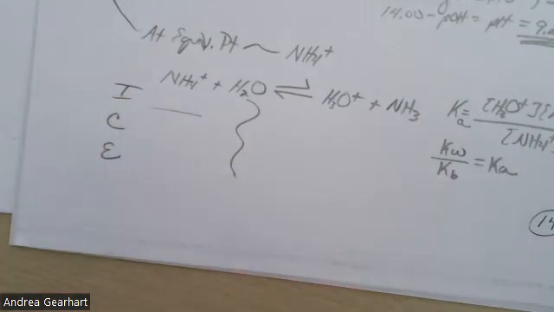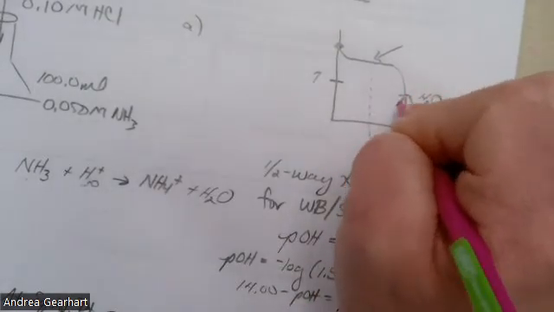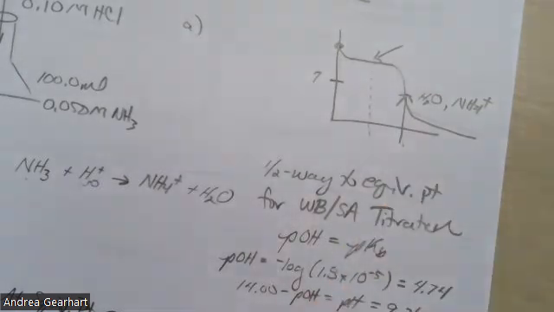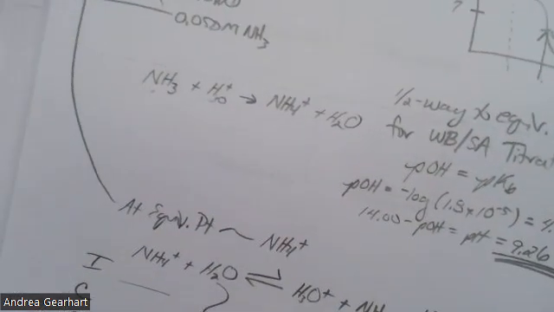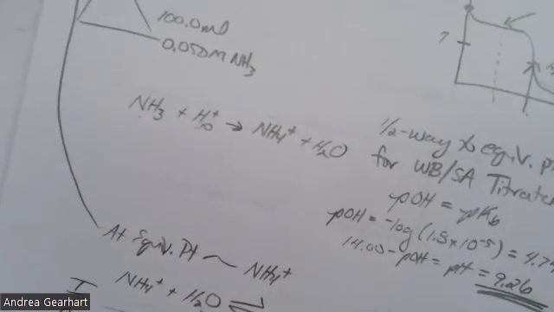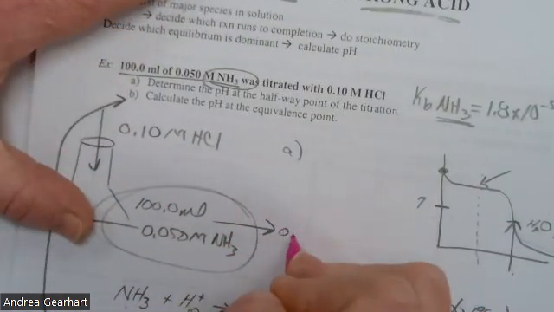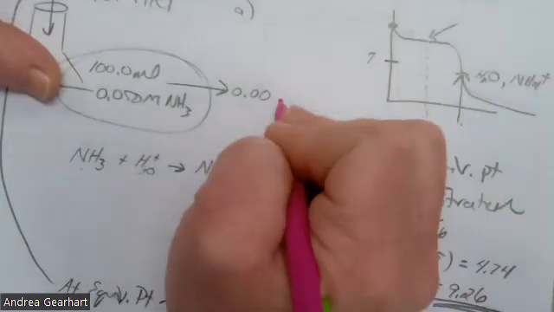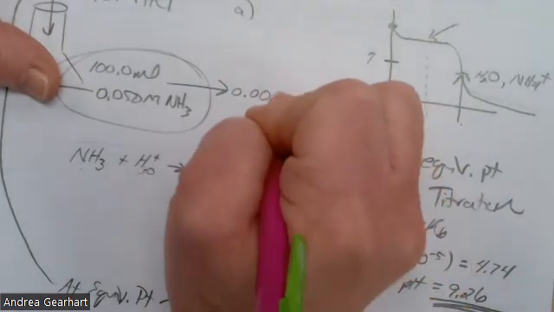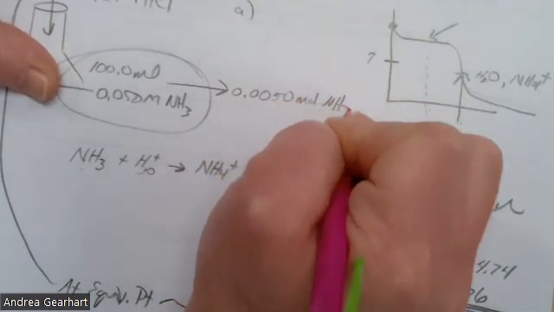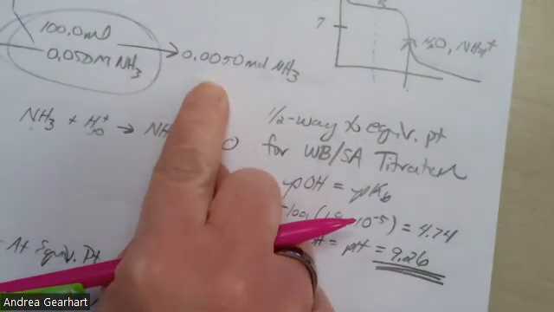How do we find its concentration? It would be 0.005 moles, because we have 100 milliliters of 0.05 molar NH3, so maximum NH4 plus would be 0.005 moles.